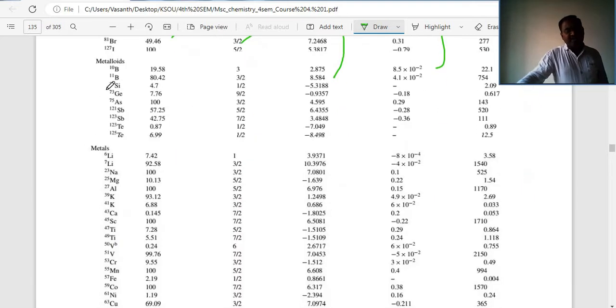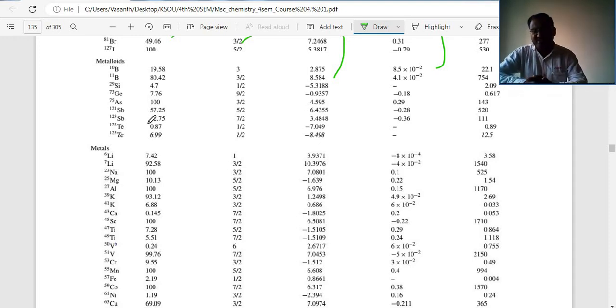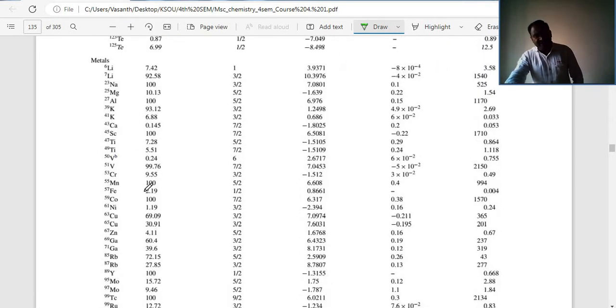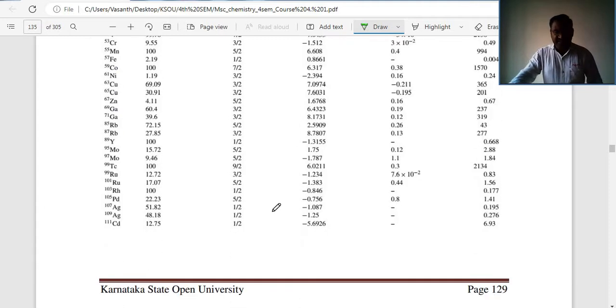We consider metalloids like boron, silicon, germanium, arsenic, antimony, tellurium; these are all metalloids, meaning these elements exist as both metals and non-metals. We consider metals like alkali metals, alkaline earth metals and transition metals, which are tabulated here.